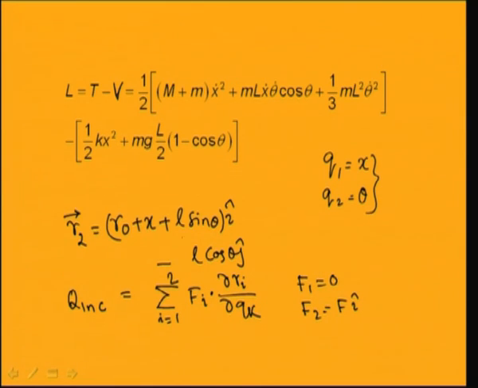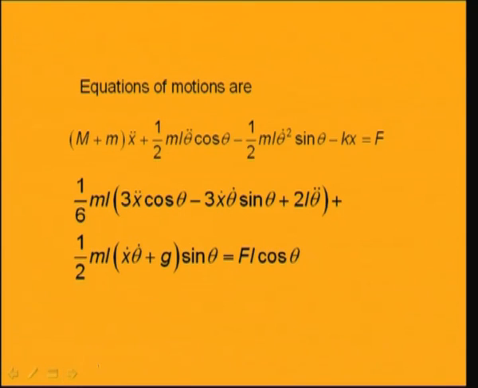As there is no force acting on mass 1, F1 dot del r1 by del qk will be equal to 0, plus F2 dot del r2 by del qk.